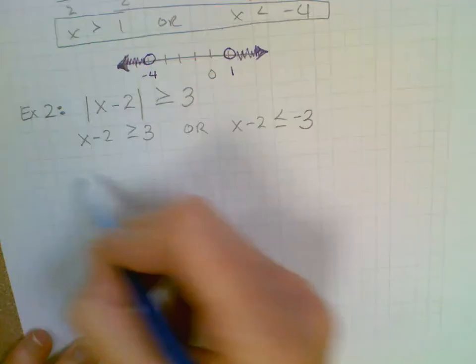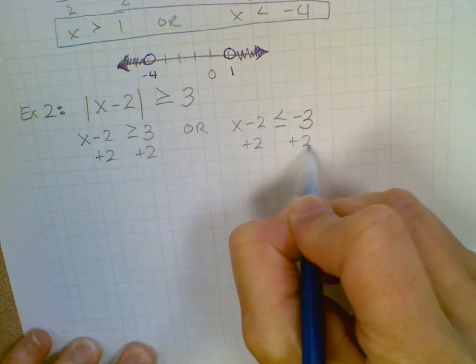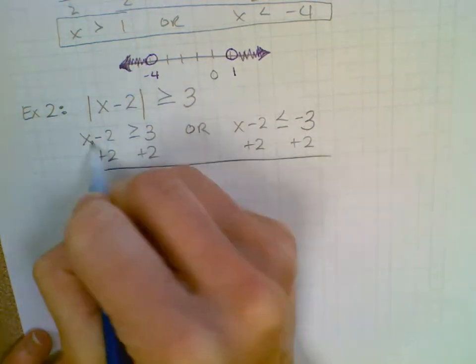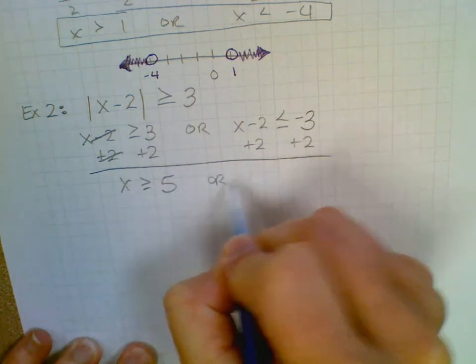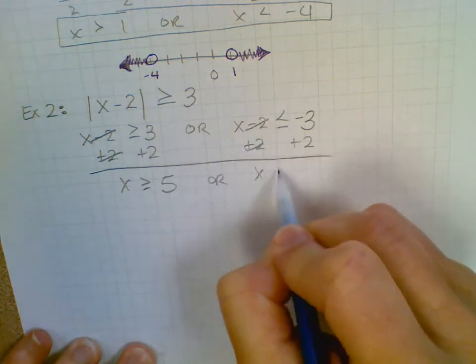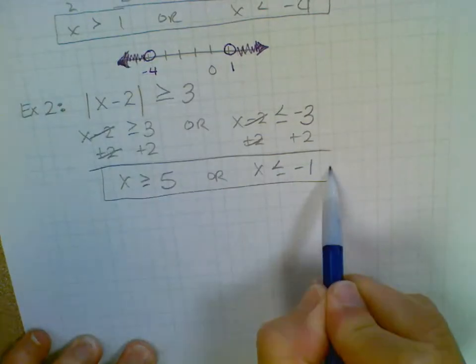And then I want to solve for x, so I'm going to add 2 all the way across. There's my answers.